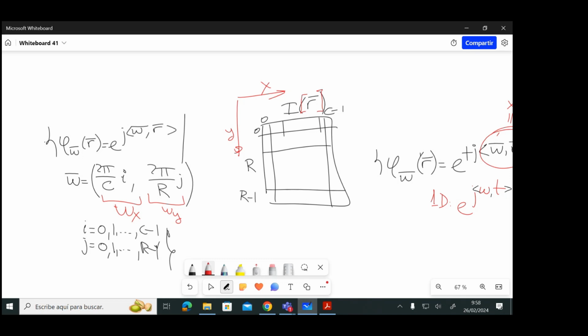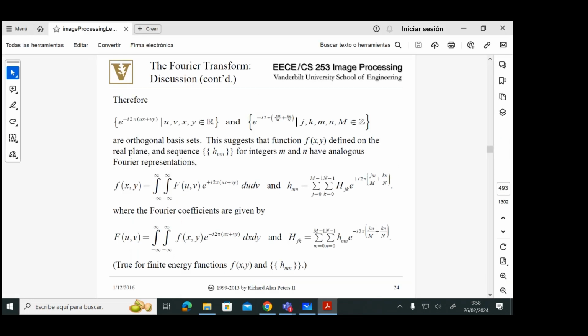So before we said 2 pi divided by N times I. It's the same, but now we have to be careful that there are two N's, a different number of samples in each direction. So this is the basis for continuous images. This is the basis for discrete images. Here you see M and N. I have used R and C, but I think they are not clear. And then you define the Fourier transform and the inverse Fourier transform in the same way.